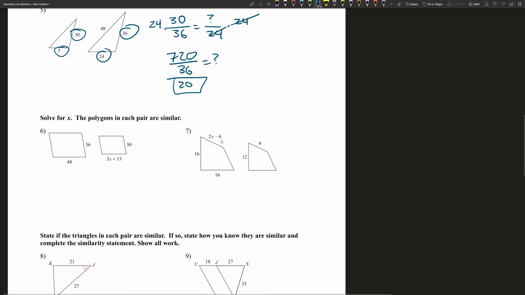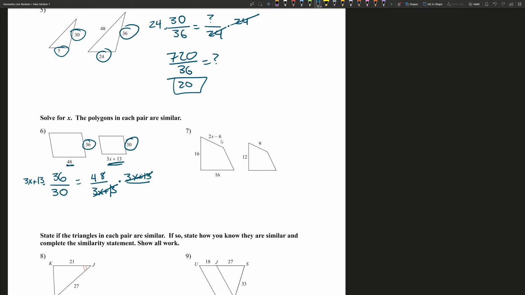So on number 6, 36 corresponds to 30. So we do 36 over 30. And then 48 corresponds to 3x plus 13. So then 48 over 3x plus 13. Then we still do the same thing. So multiply both sides by 3x plus 13. That cancels. Keep in mind this is in parentheses.